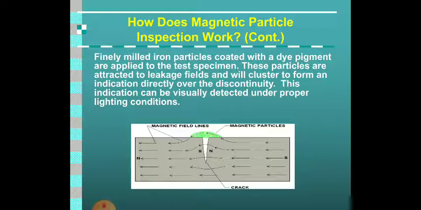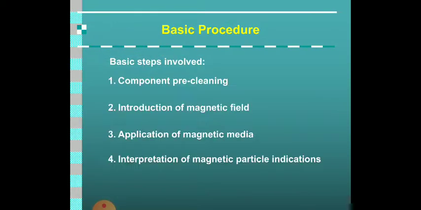Due to that magnetization, when we sprinkle the coated iron particles onto that surface, the particles are attracted to the crack and can be visually detected under lighting conditions.